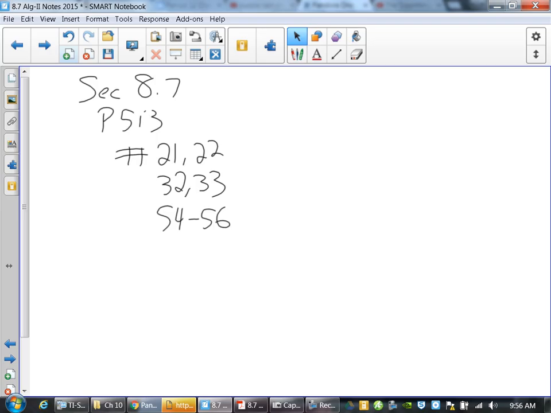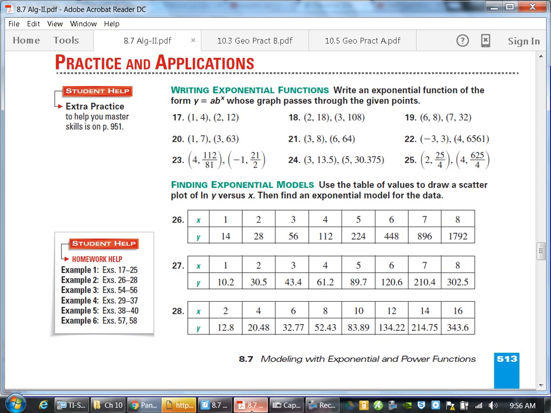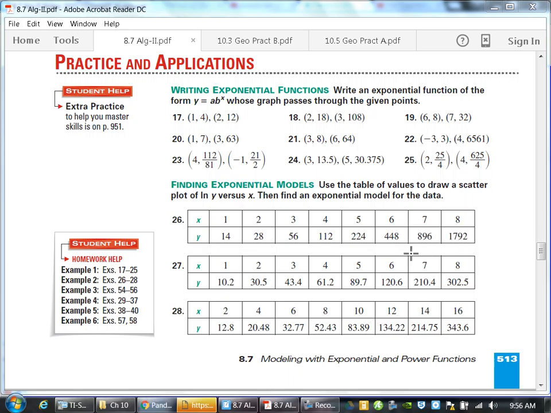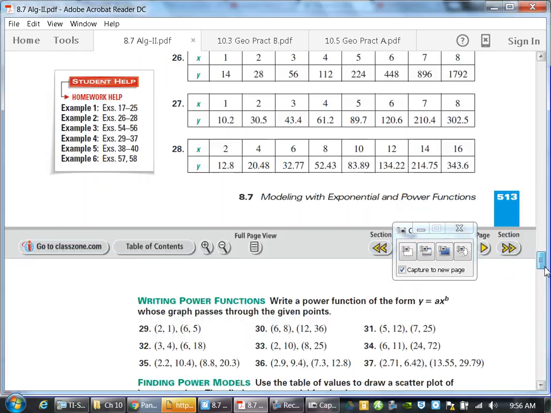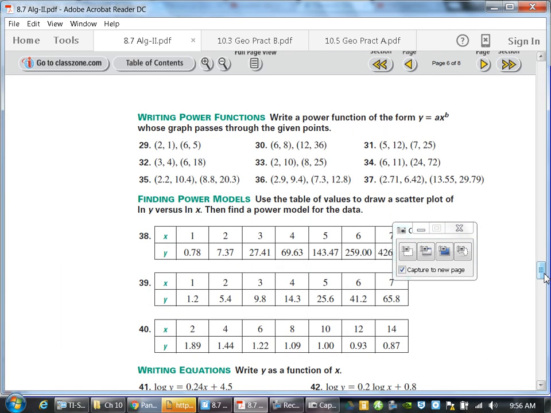Do you have a book? Give me a second, I'll just put it up. Okay. What was it, 21 and 22? Yeah. And then 32, 33? Yeah.